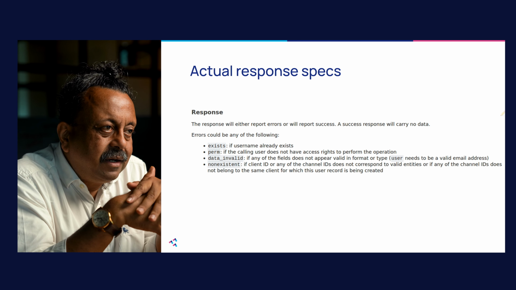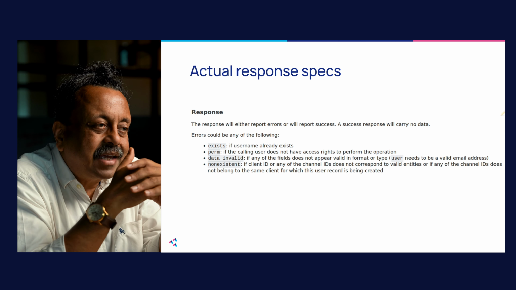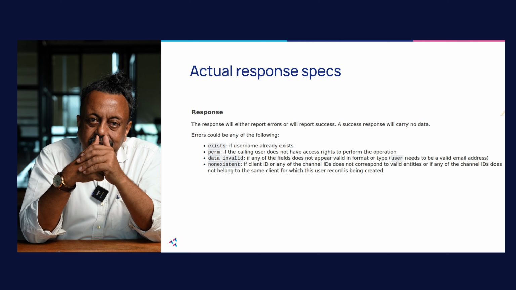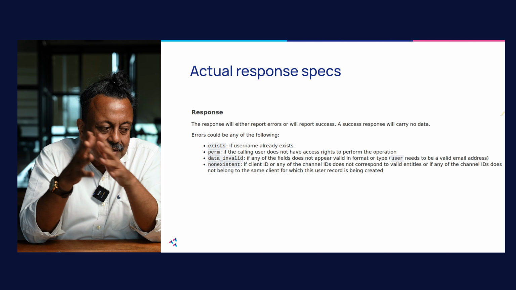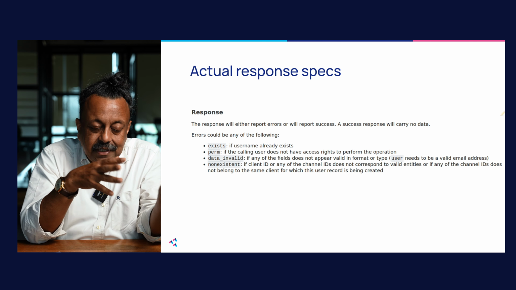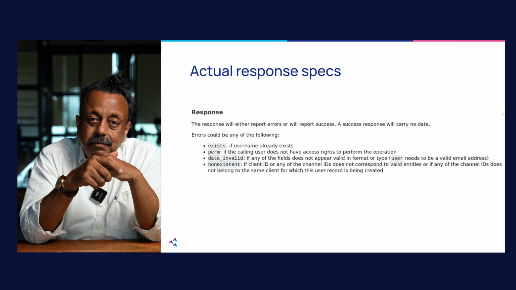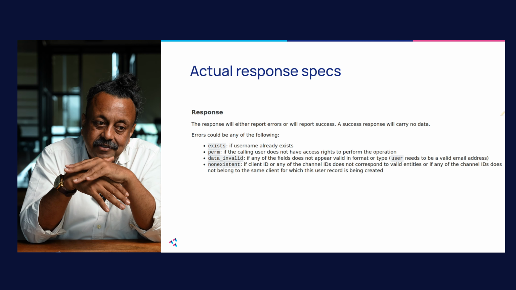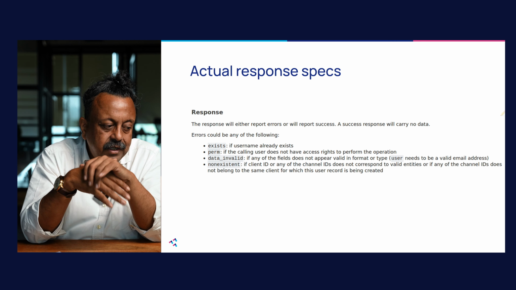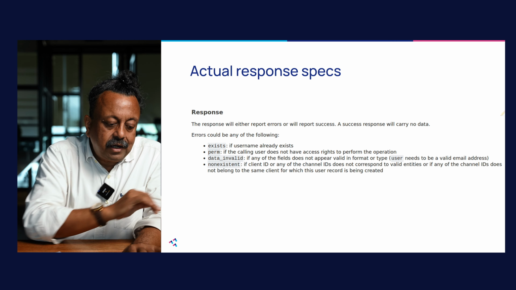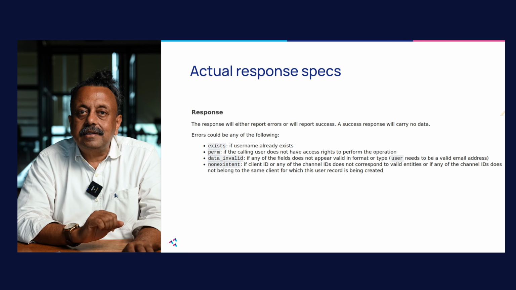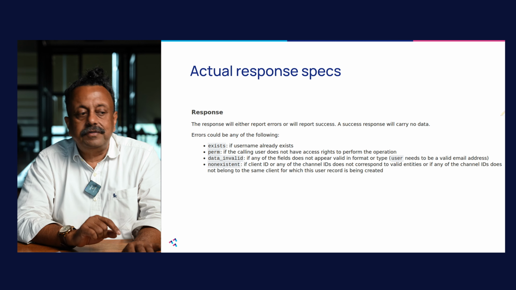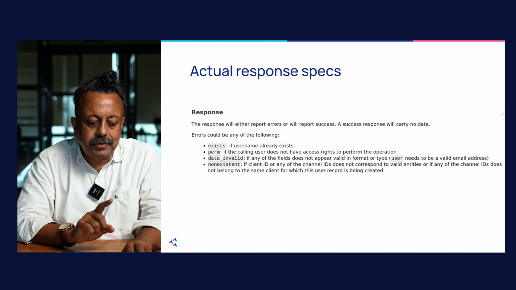So the error code exists can be returned if the username already exists. The error code perm, which we said is auth-z, can be returned if the calling user does not have the access rights to perform the operation, and so on and so forth. So these are error codes which are documented against the response of the web service. This is one example of a web service.